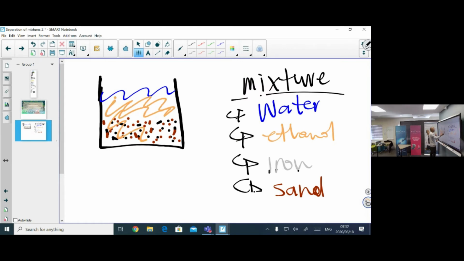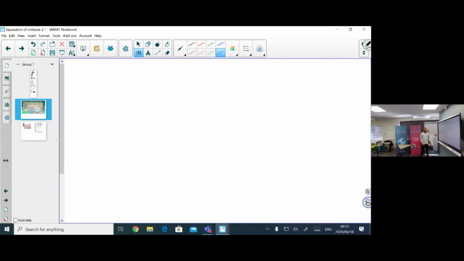Our water and ethanol mix like that. So there's our mixture. We are looking to separate all these four and have them as individual substances, right? So we have this mixture and let's have the activity.